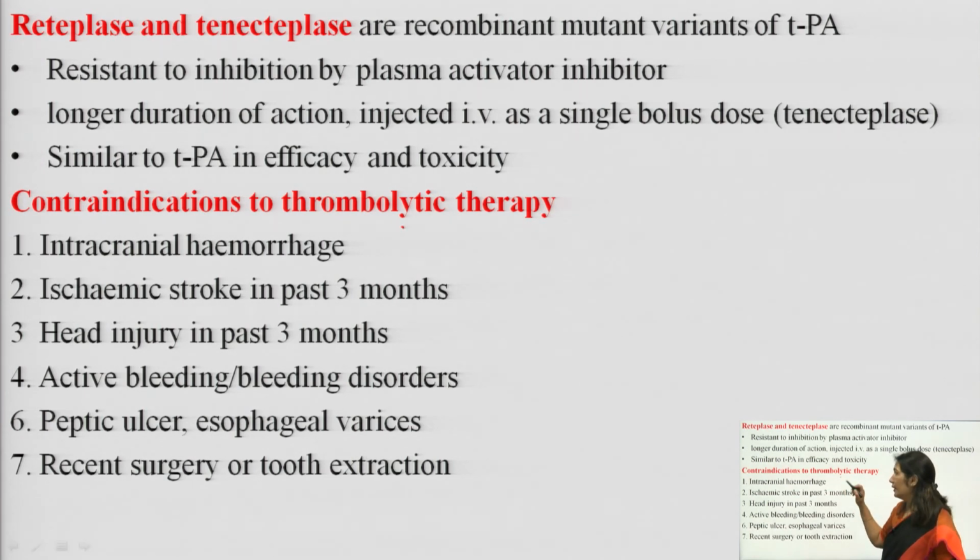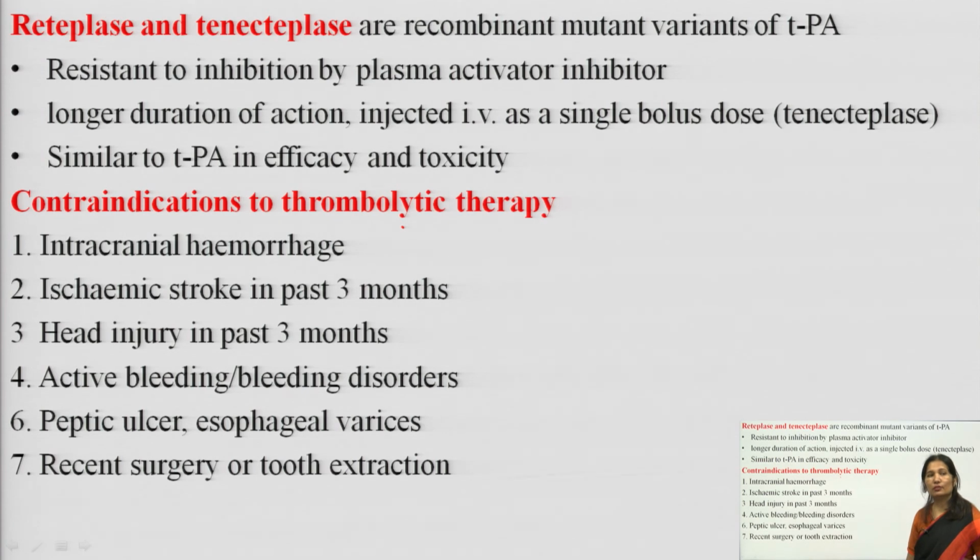They are contraindicated in intracranial hemorrhage, ischemic stroke in past 3 months, head injury in past 3 months, active bleeding disorders, peptic ulcer, esophageal varices, recent surgery or tooth extraction. So, wherever we need to stabilize the clot, we should not give thrombolytic therapy.